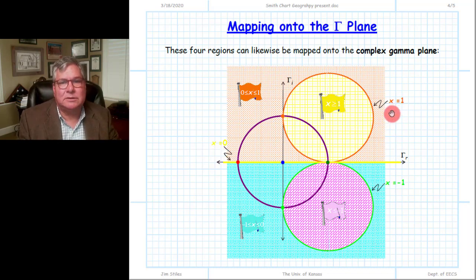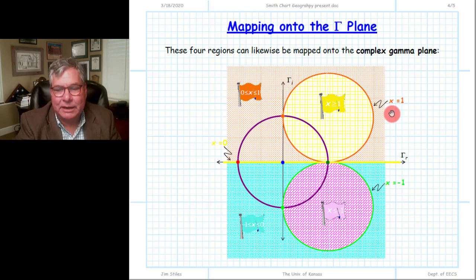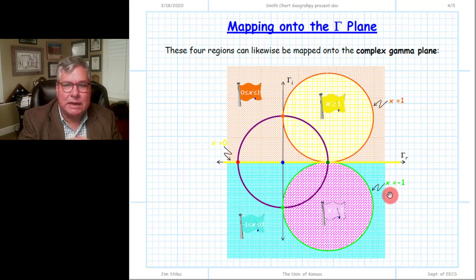The horizontal contour x equal to 1, all the impedances whose normalized reactance is equal to 1, maps to a circle on the complex gamma plane that is shown here, and likewise the horizontal contour x equal to -1 on the normalized impedance plane will map onto a contour which is circular on the complex gamma plane, as shown here, the green circle.